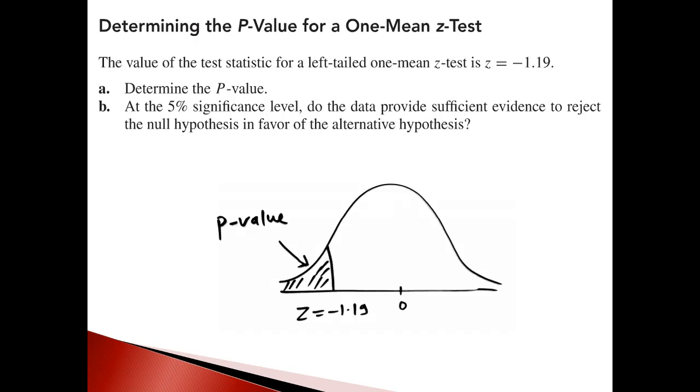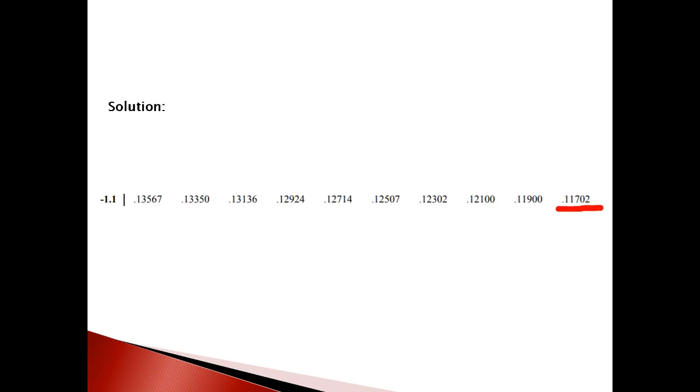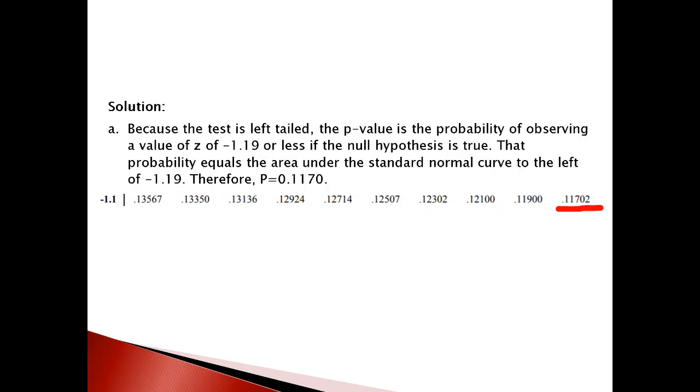You can again go to the standard normal table: negative 1.10, negative 1.11, negative 1.12, and so on. This is the area for negative 1.19. Since the standard normal table gives you the value to the left, this is the required p-value.